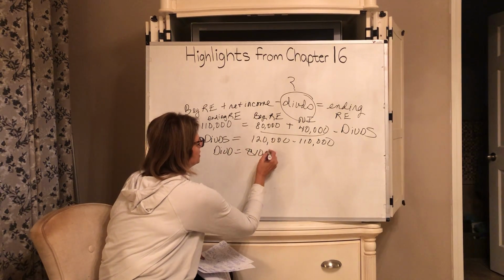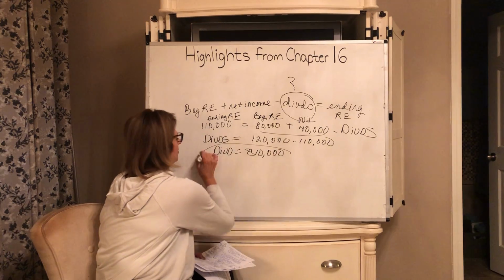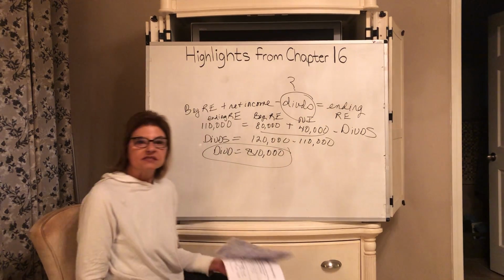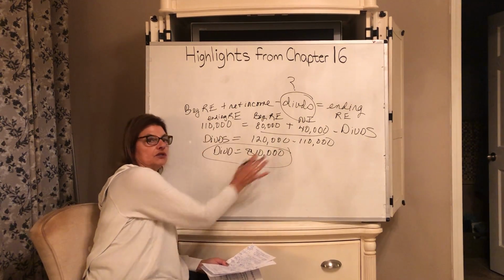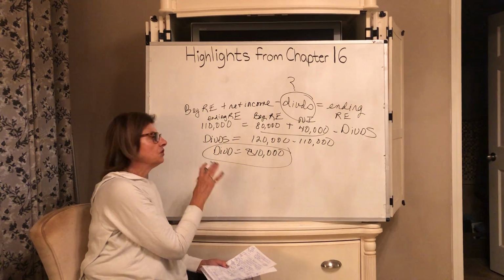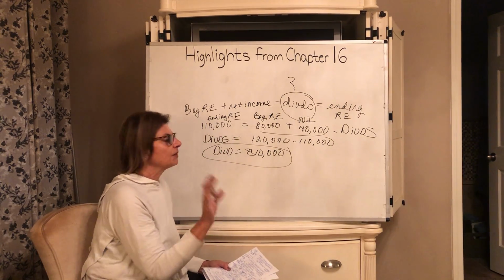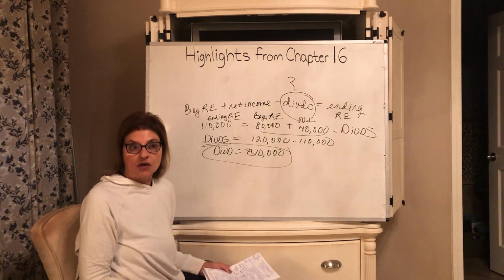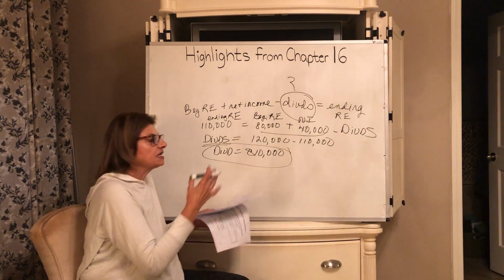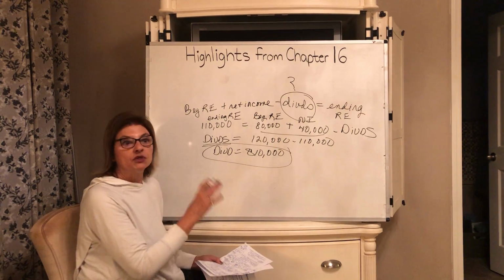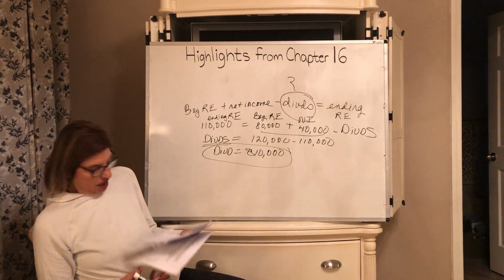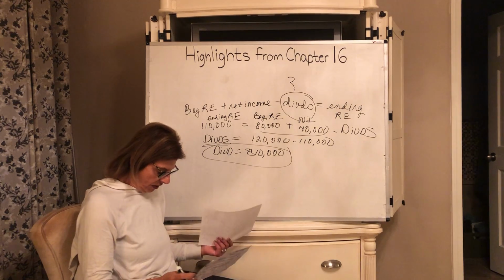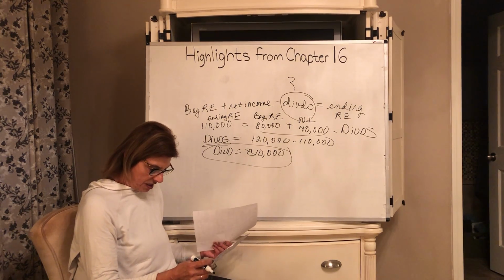Now they don't do this to you all the time, but you might have one instance where you have to do this. Nobody likes to rearrange formulas, but this is how you would do it. We're just solving for a different unknown. Again, most of the time they just give it to you, but I wanted to make you aware. So we're almost all set.